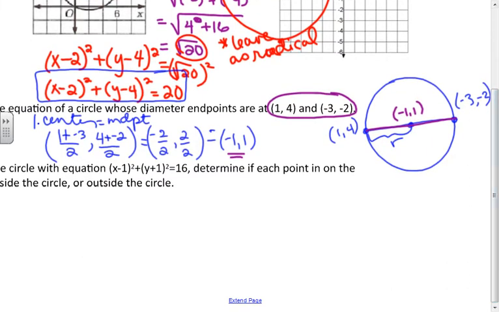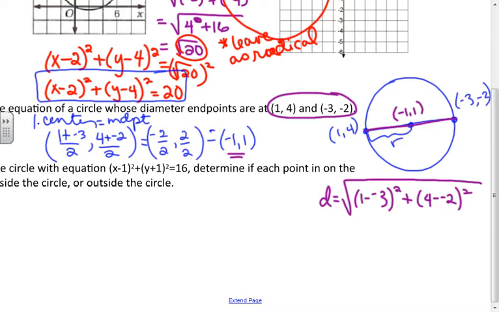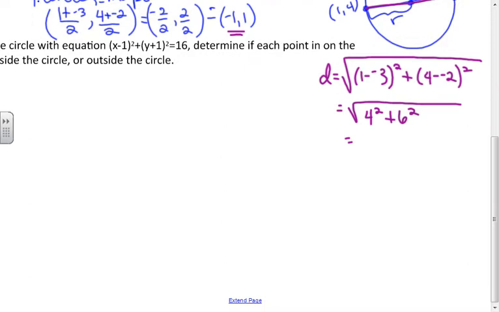So I'm going to go back to my original and say the distance of the diameter is the square root of 1 minus negative 3, protect your negatives, squared, plus 4 minus negative 2, the quantity squared. 1 minus negative 3 is 4 squared, plus 4 minus negative 2 is 6 squared. 16 plus 36, I have the square root of 52 for my diameter. That means my radius is the square root of 52 over 2. And I'm going to go ahead and leave it like that.